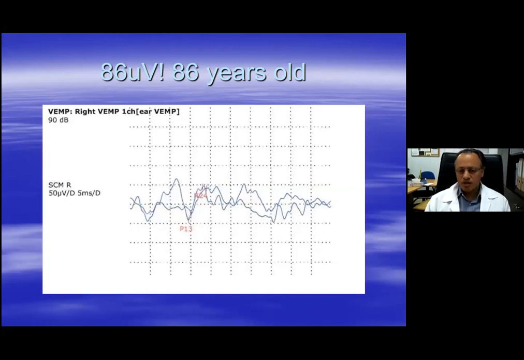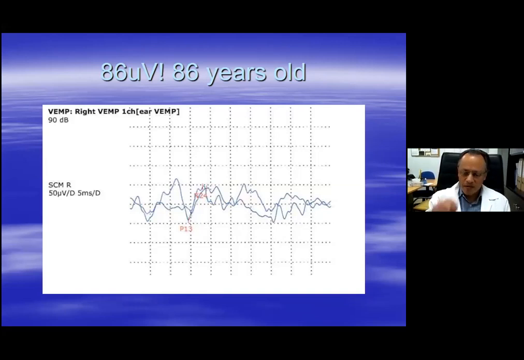As I mentioned with regards to the trick of obtaining these potentials, the best way, if you can, in your laboratory to record from the elderly is to record rectified average EMG, so you can monitor the EMG and obtain a ratio between the EMG and the CVEMP, so you can get an adequate value that can be reported as a parameter with regards to amplitude.